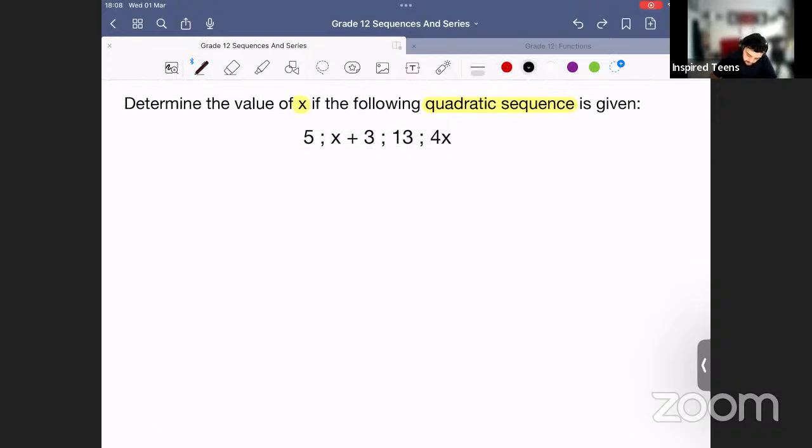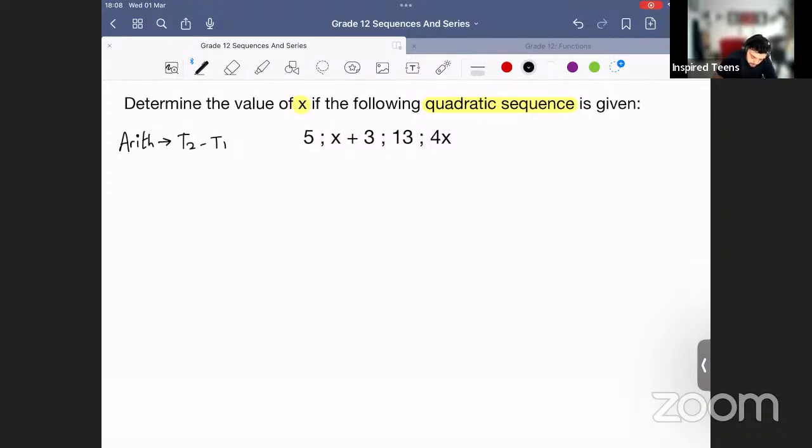Okay, in this specific case, we're going to follow the same concept. Remember for arithmetic, whenever we worked with variables, the first thing that should come to mind is we should try doing T2 minus T1.